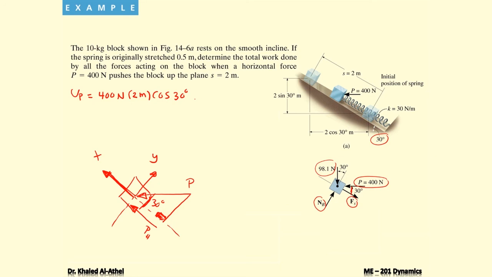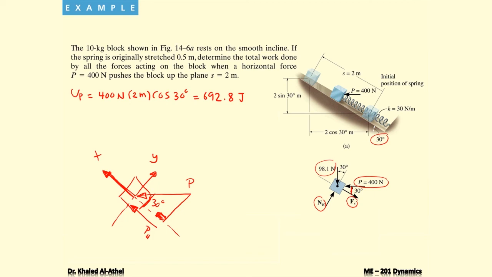If you carry out the calculation, it's going to be 692.8 joules. So this is the work done by the horizontal force P.